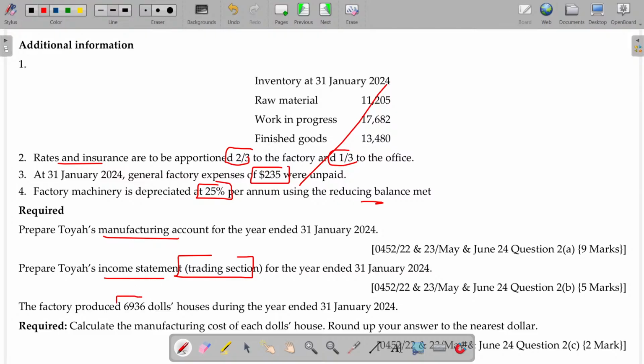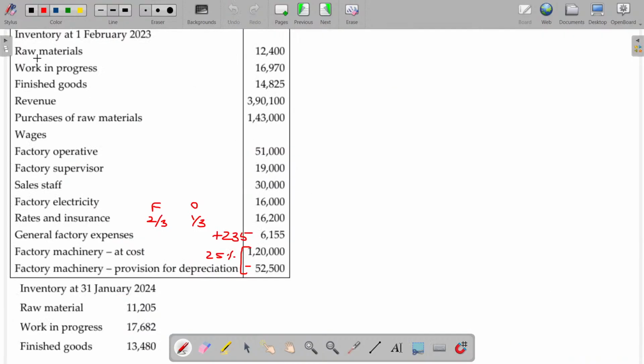Factory produces this much of dolls, 6,936, and from this you can calculate cost of each doll house, to the nearest dollar. So you can round off to the nearest dollar. So we can finish up that last calculation finally. So inventory, raw material, manufacturing. This is trading section. Purchase of raw materials, manufacturing.